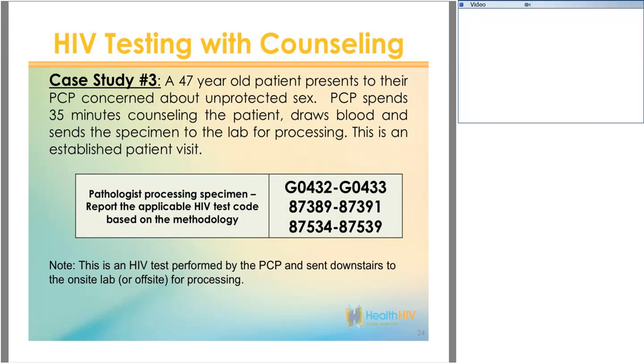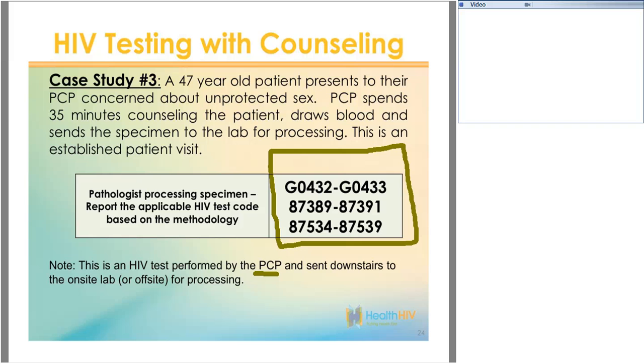So let's say, for example, because in some of the facilities where I've done audits, they have a lab facility on site where the PCP can either draw the specimen and send it downstairs, or the PCP sends the patient downstairs where there's an on-site lab. If that's the case, the PCP would not be reporting these codes. These are the codes if you have a lab on-site or if the lab is off-site and affiliated with your facility.